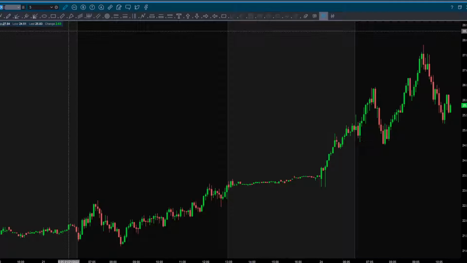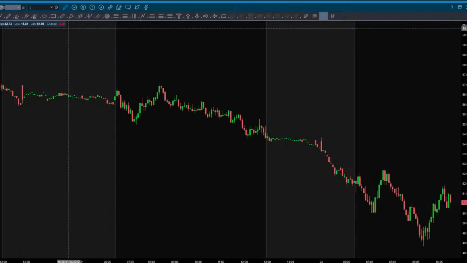So moves on UVXY are going to have a bigger percentage increase or decrease relative to VXX and VIXY. Now, if you ever want to short VIXY, which is also something that I do, you could use the ticker SVXY. I'm sure there are other volatility tickers out there, but these are the ones that I know about.